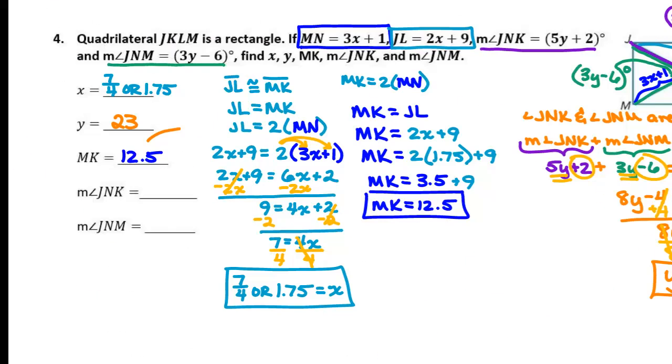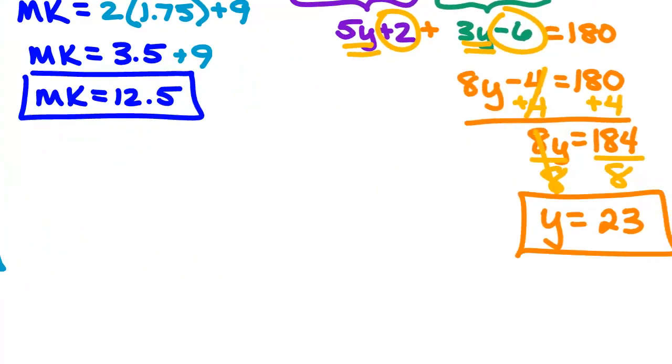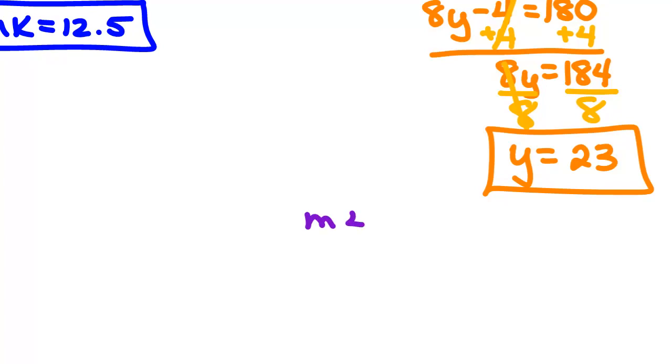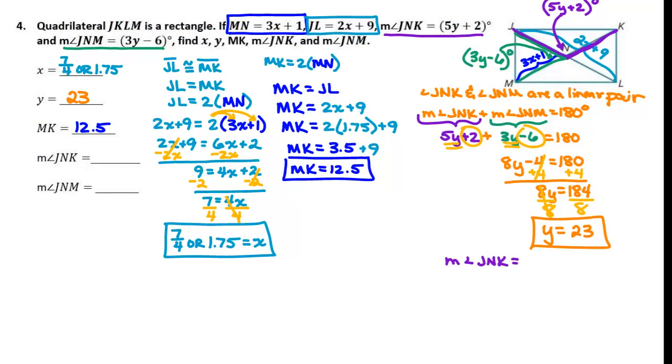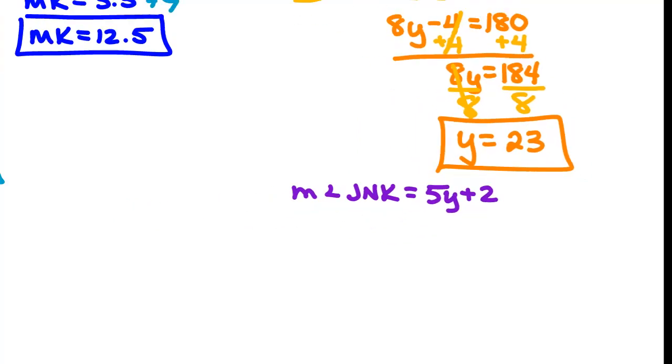Now we need to go in and find the measurement of angle JNK and JNM. The measurement of angle JNK, what was the expression that we had for that one? 5y plus 2, and we just figured out that y is how big? Y is 23.